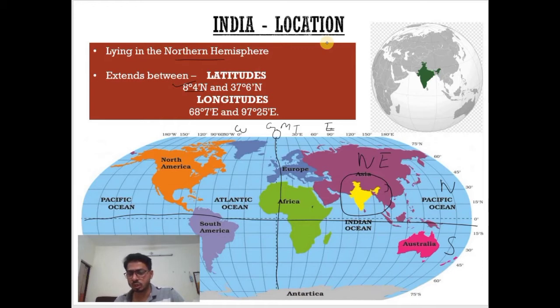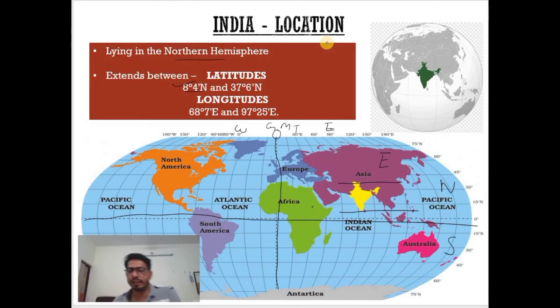What does it mean? Before that, I will show you here properly. Equator is 0, and if you count 1, 2, 3, the latitude is passing from here also. If you count 8, 9, 10, 11, 12, 13, and 37, then 37 is passing from here, the tip of Kashmir.